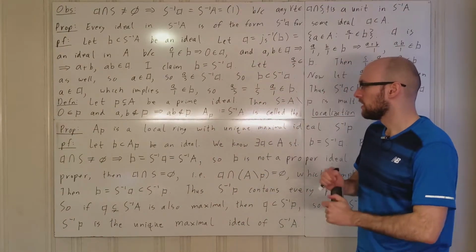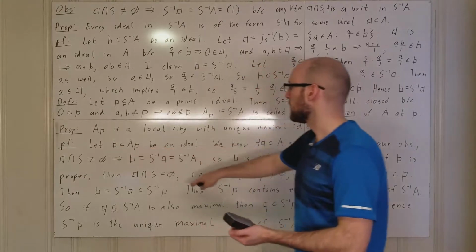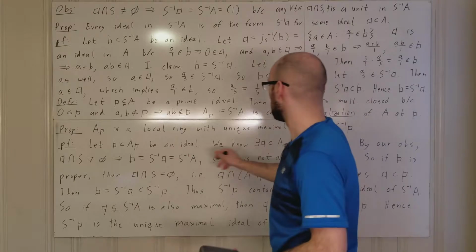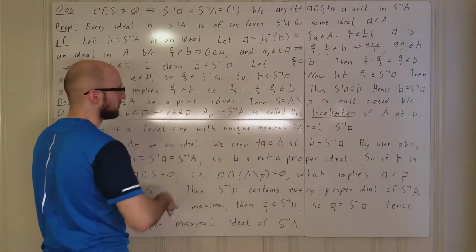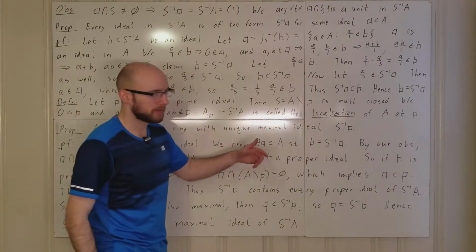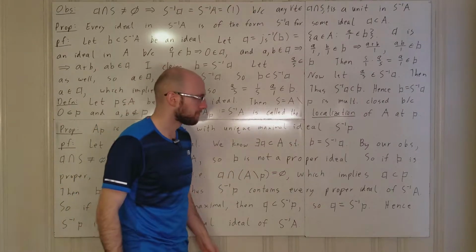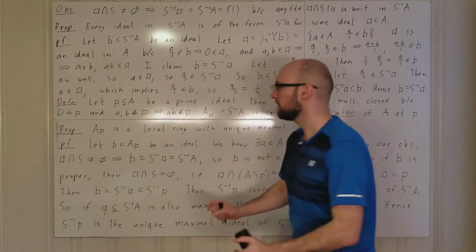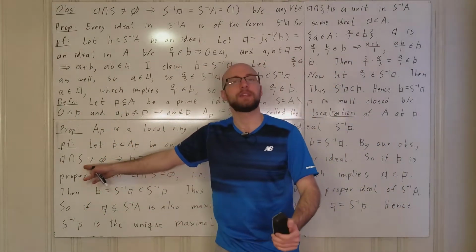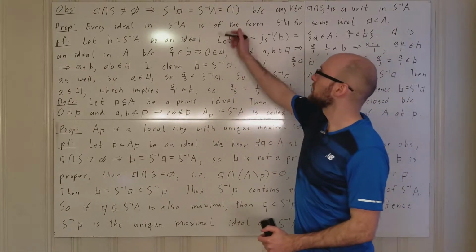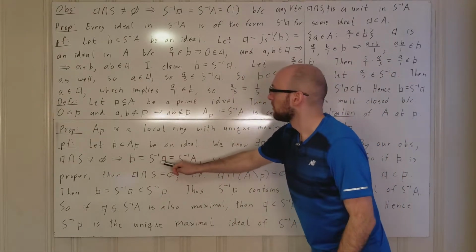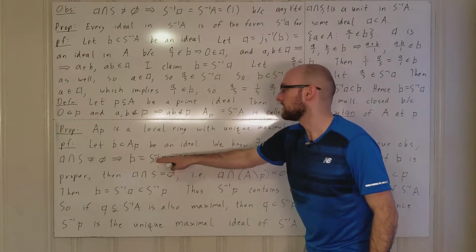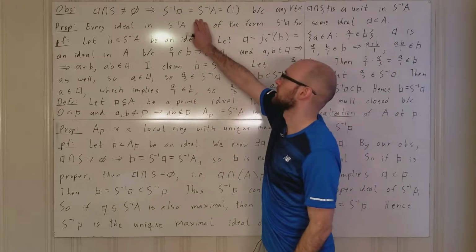And so let's prove this. So let's take any ideal B in A sub p. We know by this proposition that B is of the form S inverse fancy A for some ideal fancy A in capital A. And now we use our observation. So note that if fancy A intersect S is non-empty, then S inverse fancy A is equal to S inverse capital A. That's what this observation was.